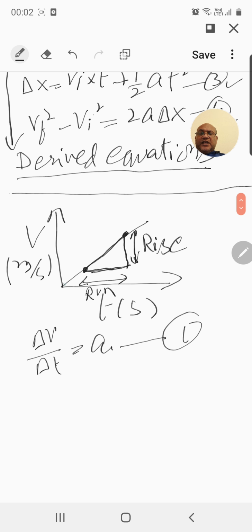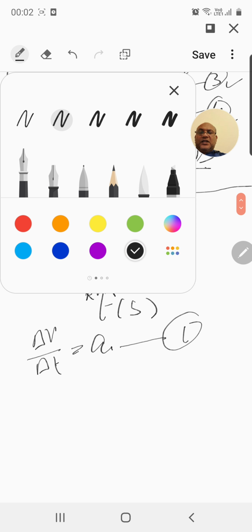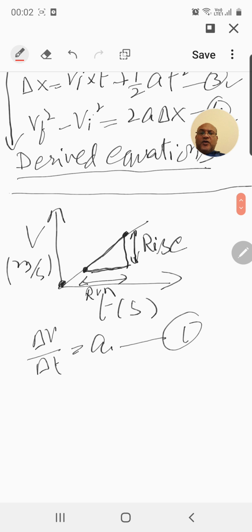Now this velocity time graph, if you look at it carefully, started from the origin, where time is equal to 0 and velocity equals 0, and your velocity changed constantly in this direction.